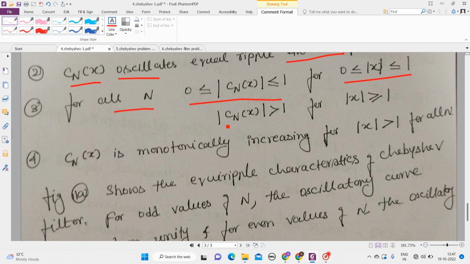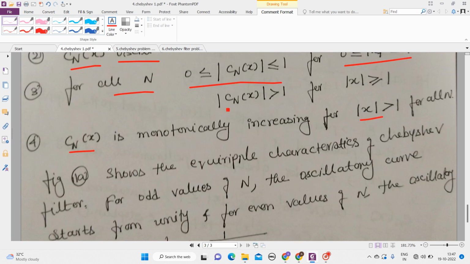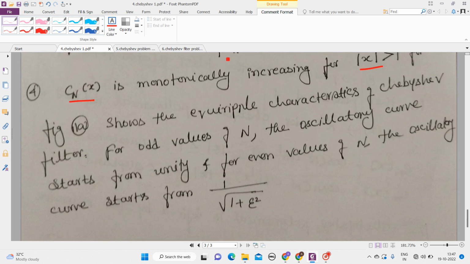It gradually, or monotonically, increases for x greater than 1, for all values of n. It does not decrease.